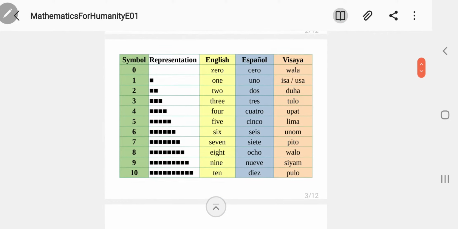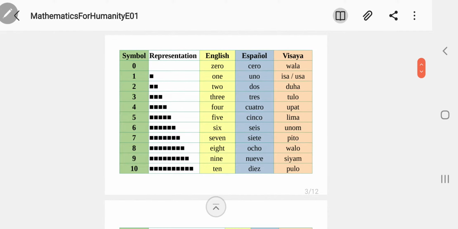There are symbols because numbers are abstract. Numbers are only in our brain. But there are simple symbols that represent the numbers, or even you can represent it by objects.